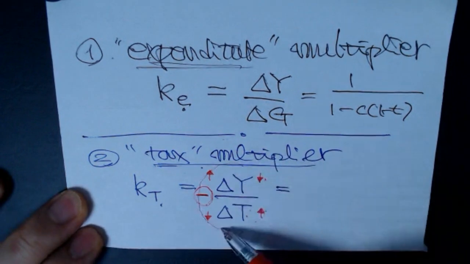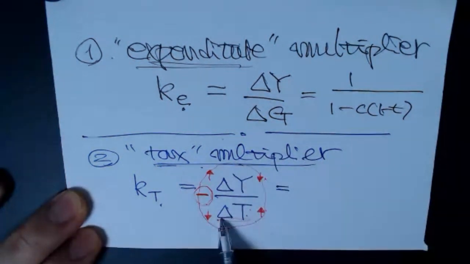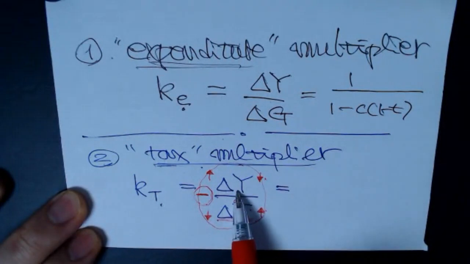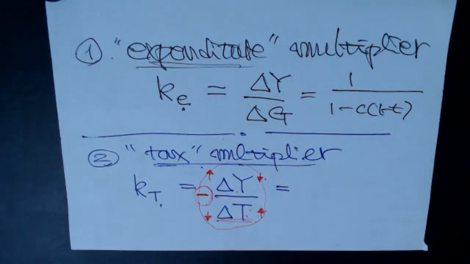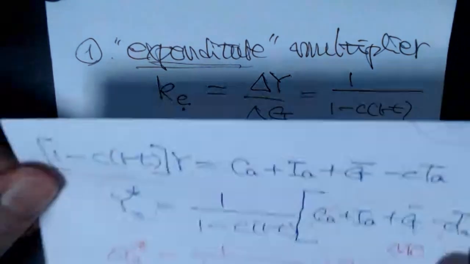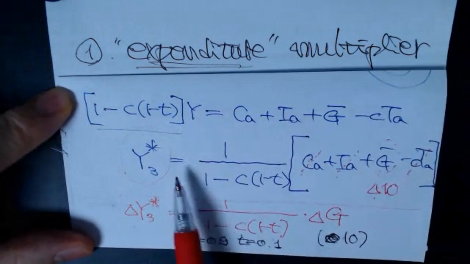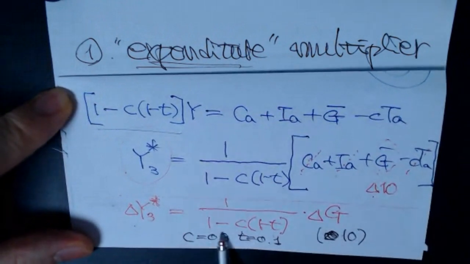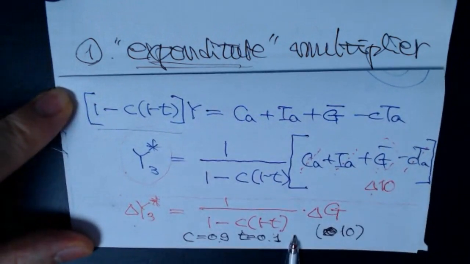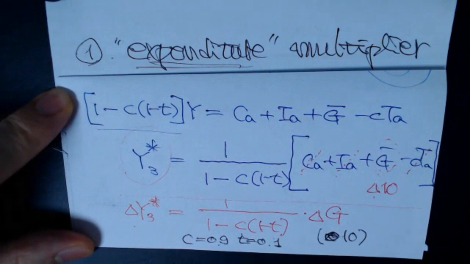So what determines the size of this? When tax changes, how much does national output change? And as I said, we're going to use the equilibrium condition. So look at this equilibrium condition again. We used this equilibrium condition to derive the expenditure multiplier, but we can do the same thing.